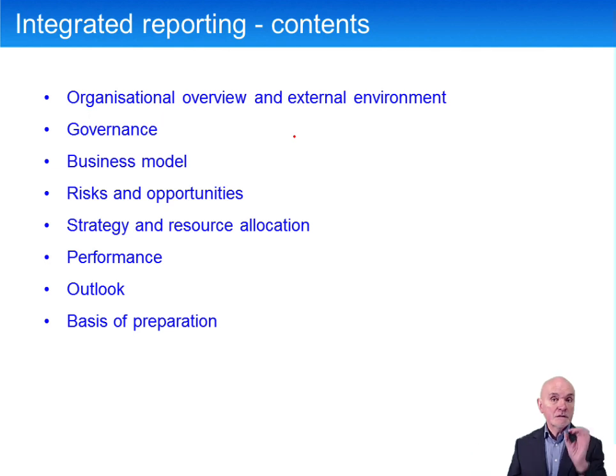The single person who was chief executive officer and chairman, who had almost unlimited power, was not the way to get good performance. It was gambling with that person's decision making. The business model, for example, cost leadership, differentiation, or are we going to expand by acquisition? Are we going to expand perhaps by using franchises? Risks and opportunities, in many ways a SWOT analysis which is going on within there.